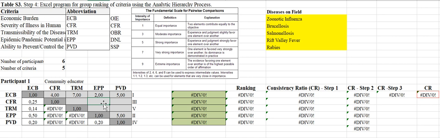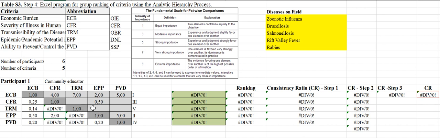I will make it twice more important than the CFR, the severity. I will make it as a half, 1 divided by 2, half. So it will come up to twice in here.